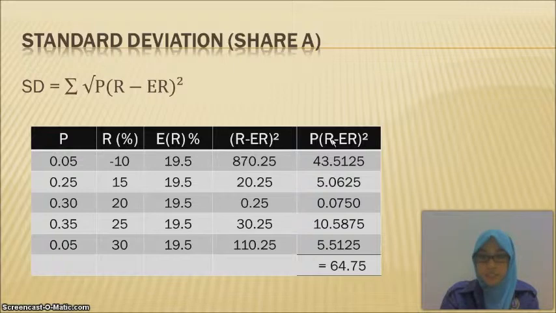Possible return need to minus with expected return, then we square, then the answer we need to times with probability. Okay, I will show you. For the probability 0.05, after we get this answer of 70.25, then we times with 0.05, then we will get the answer 3.5125.